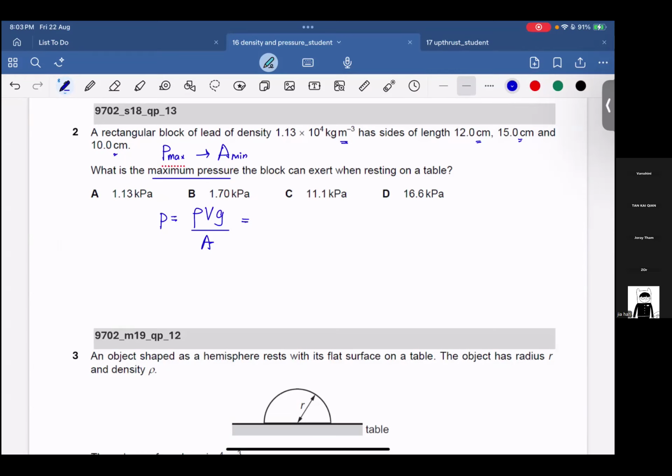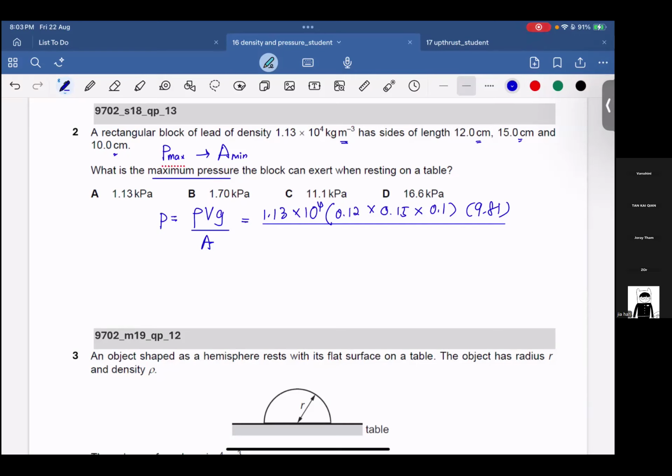So we are still using this formula. Density is 1.13 times 10 power 4. The volume is the length times the width times the height, so it is 0.12 times 0.15 times 0.1. g is 9.81. For the area, we need to choose the minimum area so that we can create a maximum pressure.